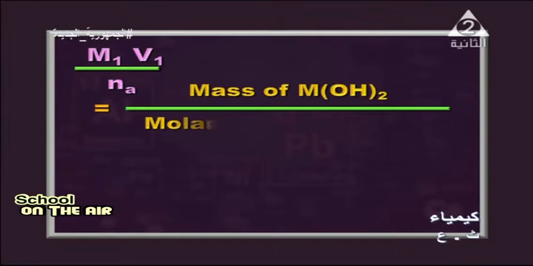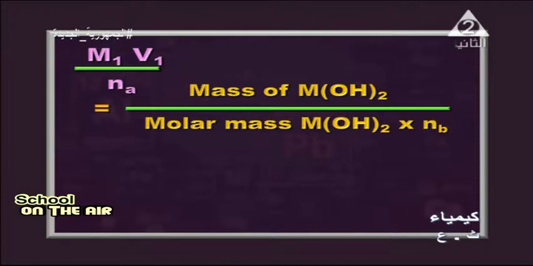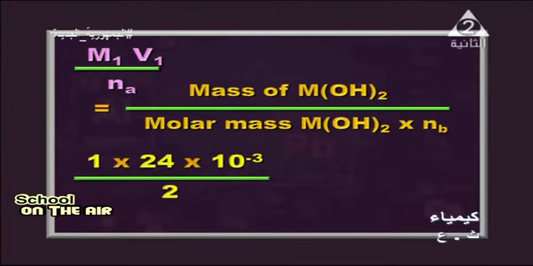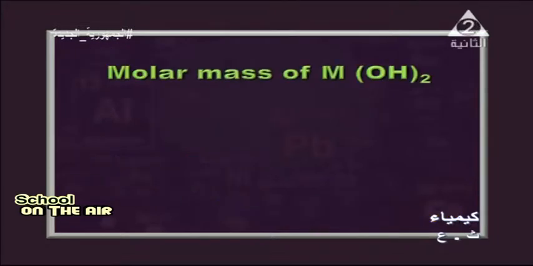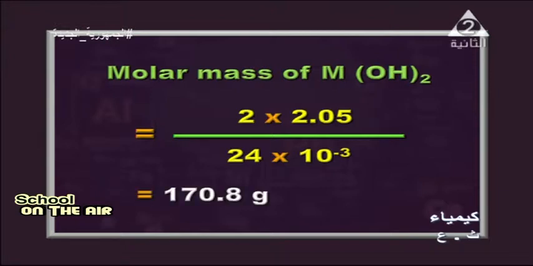So here we apply the ratio: M1V1 over n of the acid equals the mass of the base M(OH)2 over its molar mass times its number of moles in the balanced equation. By substituting the values of the acid and the base, we can get the molar mass of the base, as shown on the screen. So the molar mass of the base will equal 2 times 2.05 over 24 times 10 to the power negative 3, which equals 170.8 gram.